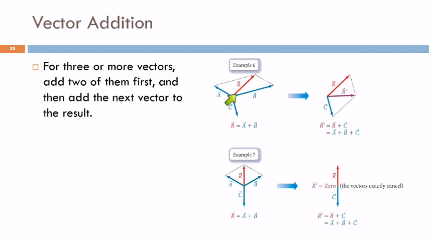It's a little harder to look at this and say, is there a net vector? The good thing is that we don't really care about how big the net vector is. We want to know the direction, and we want to know that there is a net vector or there is not. Just looking at these, I think we can tell that those are not going to cancel each other out, right?